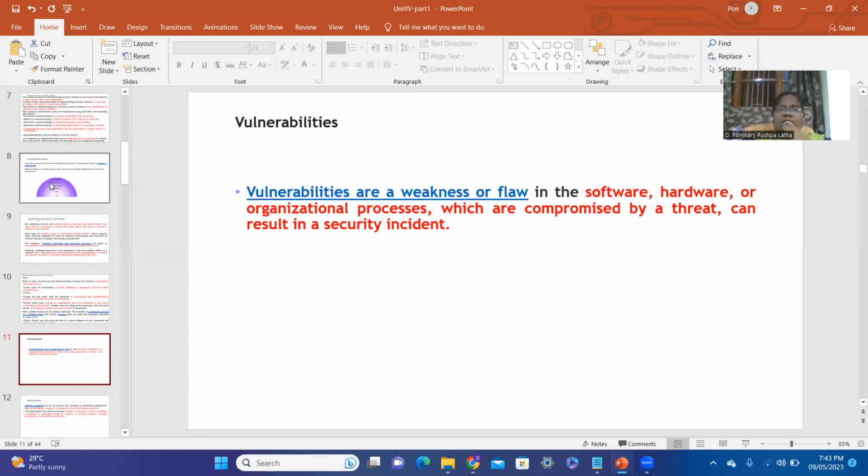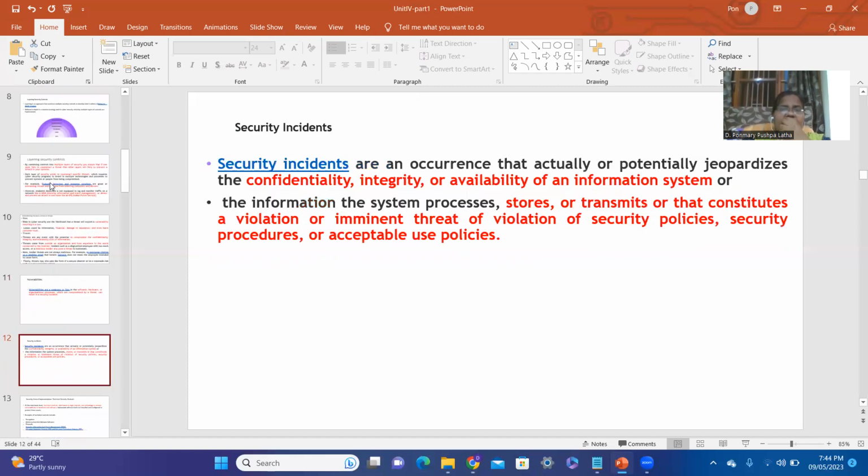So what is a vulnerability? A vulnerability is a weakness or a flaw in the software, hardware, or organizational process, which, if compromised by a threat, can result in a security incident. So what is a security incident? A security incident is an occurrence that actually or potentially jeopardizes the confidentiality, integrity, or availability of an information system.